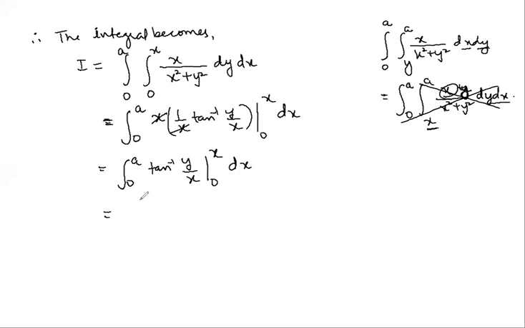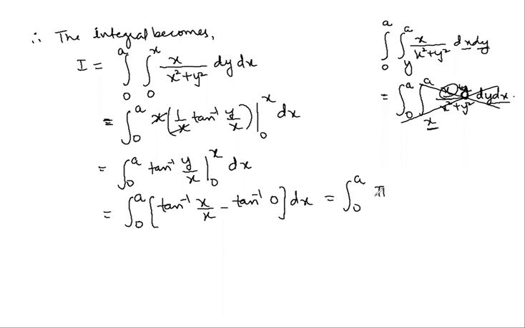ठीक है, now you put the limits 0 to a. Here I am putting the limit of y, tan inverse x upon x minus tan inverse 0. ठीक है, dx. So this becomes tan inverse 1, 0 to a.